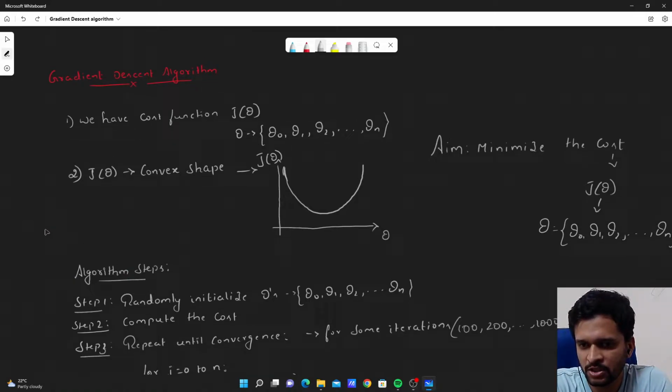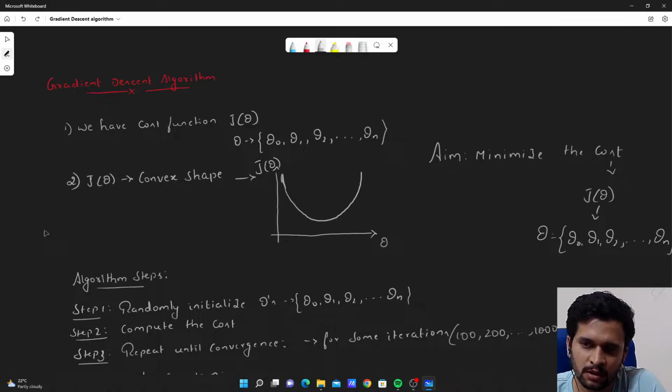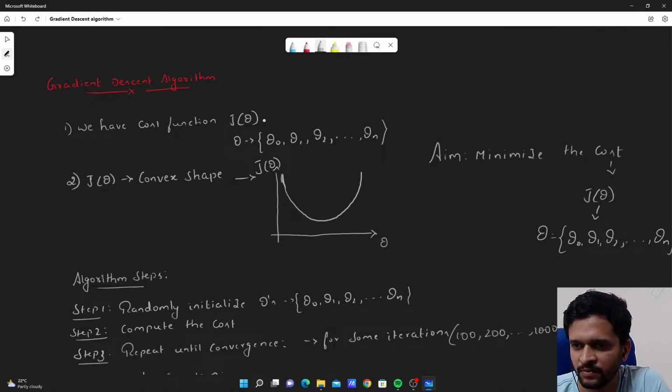With respect to any machine learning algorithm, linear regression or logistic regression or any such type of regression problems, we have something called a cost function associated with it, right? That is denoted by J theta. Here I have denoted it as J theta, whereas theta will have some parameters in it, starting from theta 0 to theta n.